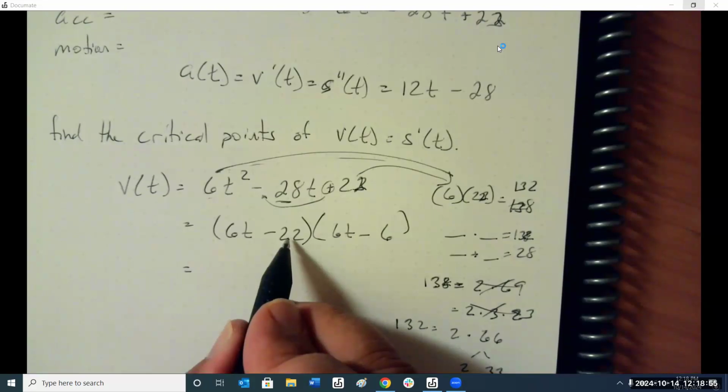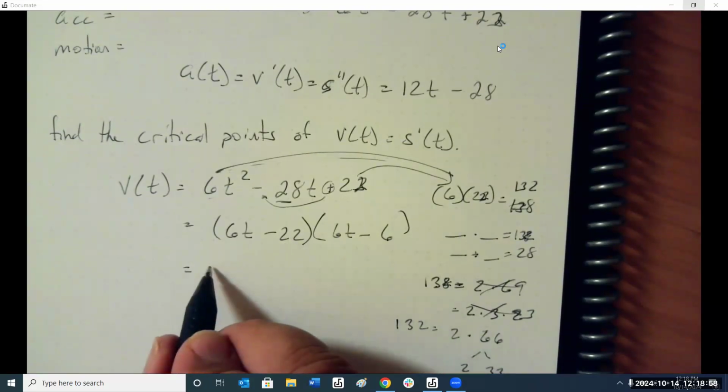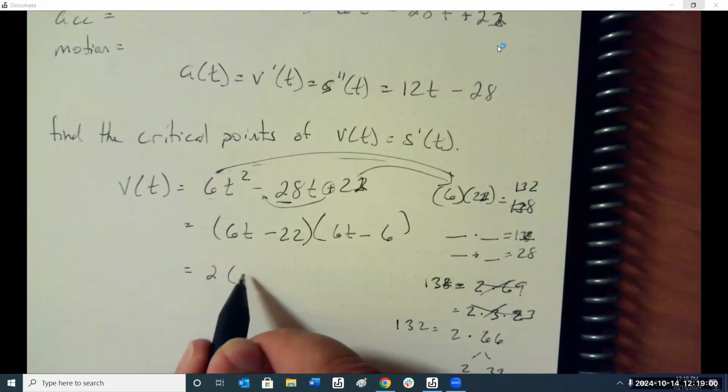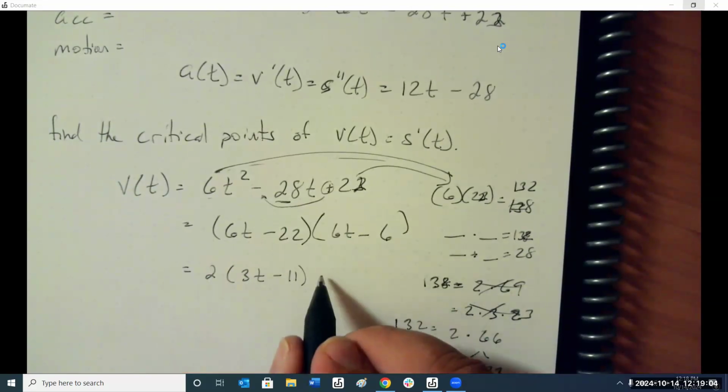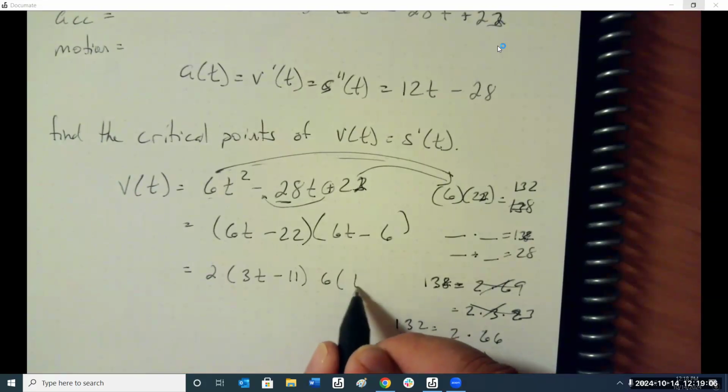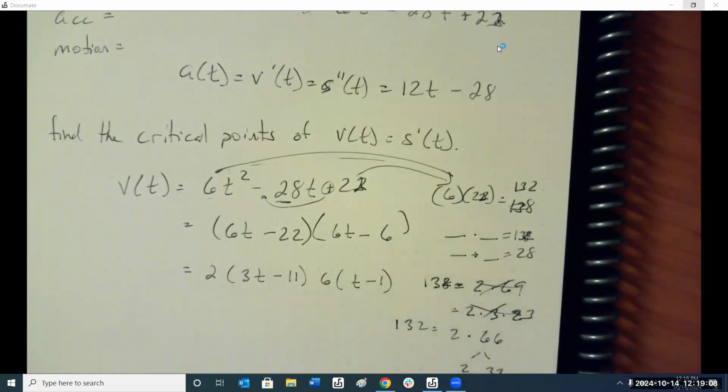So what factors out here is a 2, a 3t plus 11, and a 6 there, t minus 1.